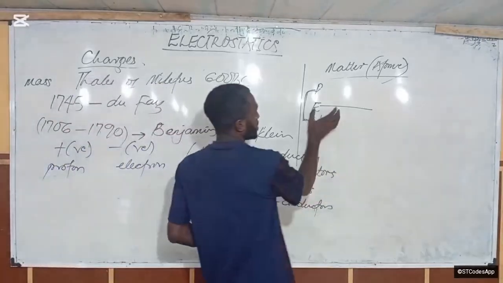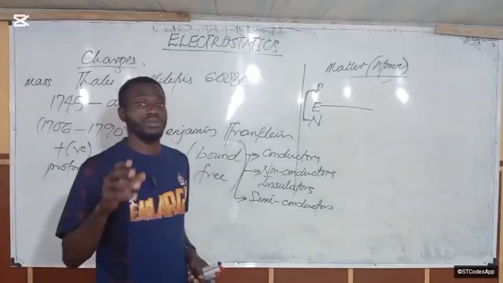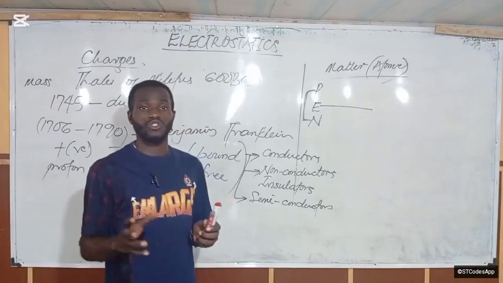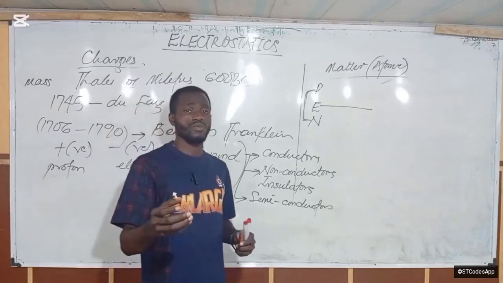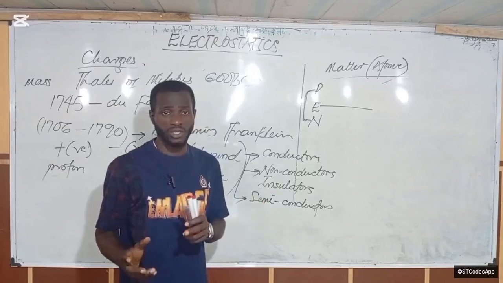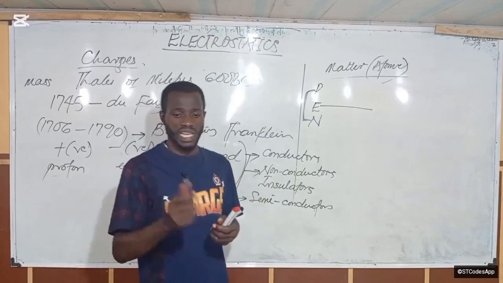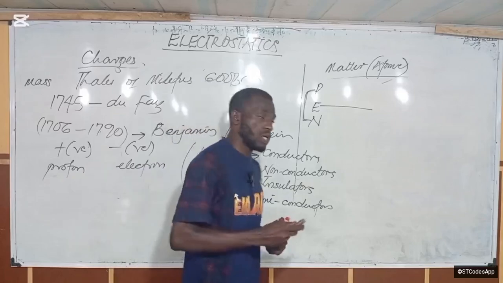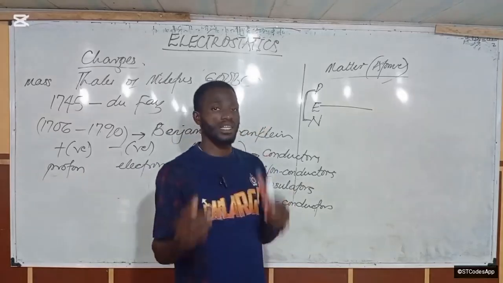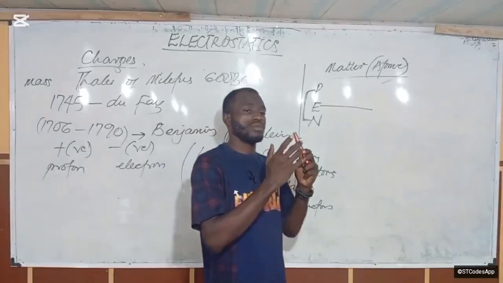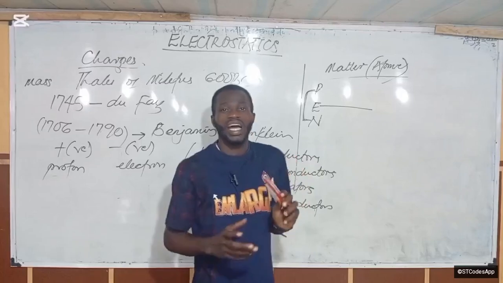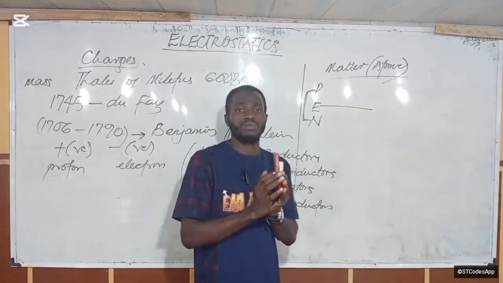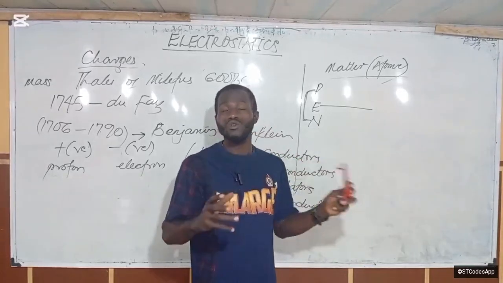Now, the electrons were the charged particles that actually moved or were exchanged between the bodies. Take an example of the silk and glass rod that I mentioned the other time. If you rub glass rod and silk together, on the body of the glass rod there are charges, and on the body of the silk there are charges, okay? And the charges balanced out each other, so initially before they came together, they were both neutral bodies.